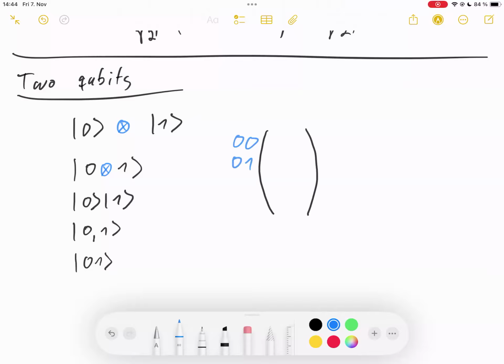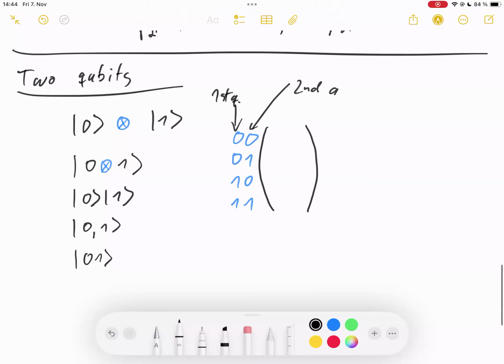The next one 0, 1, then 1, 0, and 1, 1. Where this one here means first qubit, and this would be the second qubit. It's just a notation, and these comments actually help so we know how we put these qubits into order. Later we will visualize circuits and we'll see some tricks for that.